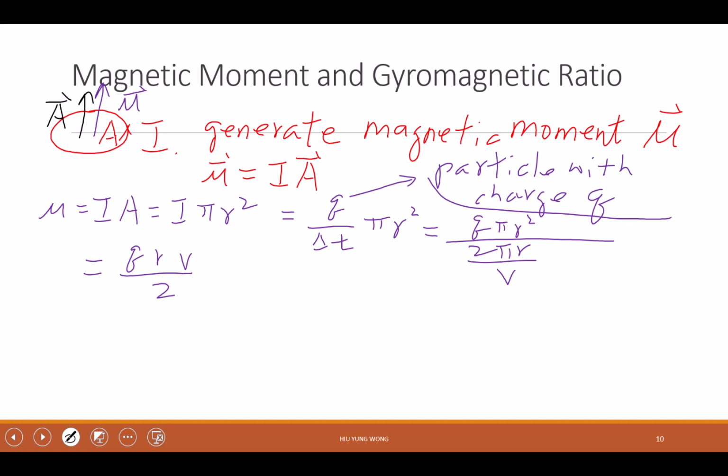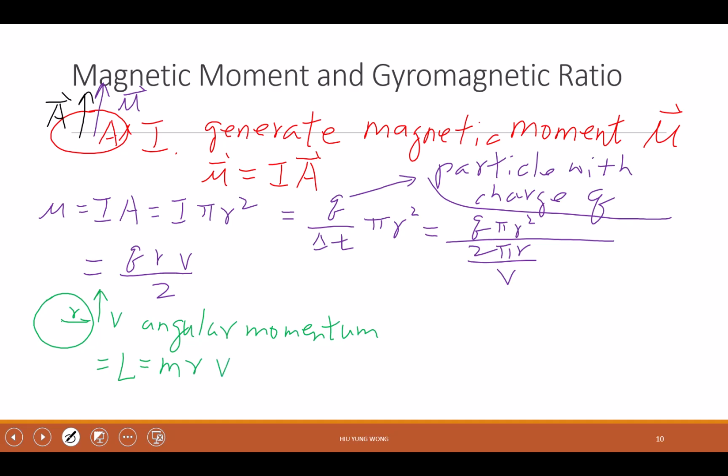If you have a particle circulating at radius r from the origin with a velocity v, just like what we are doing here, the angular momentum, called L, in this case is equal to m times r times v in scalar form.